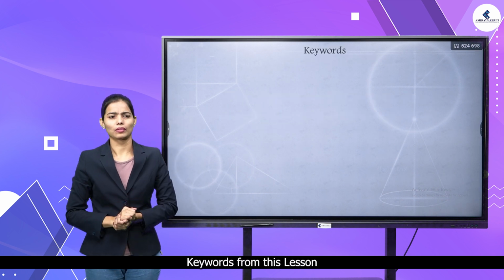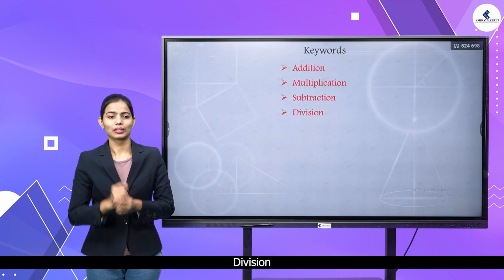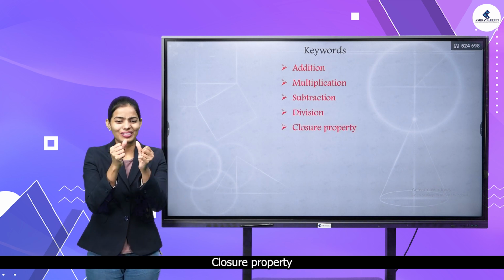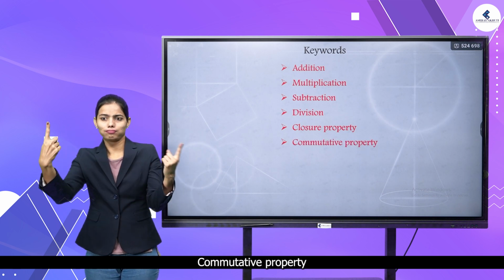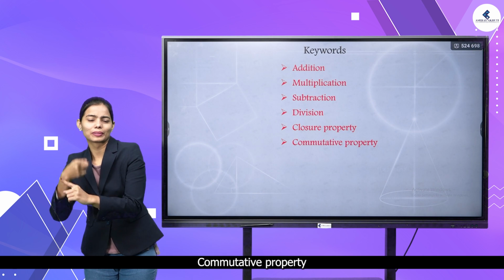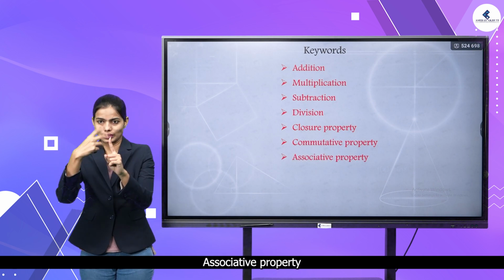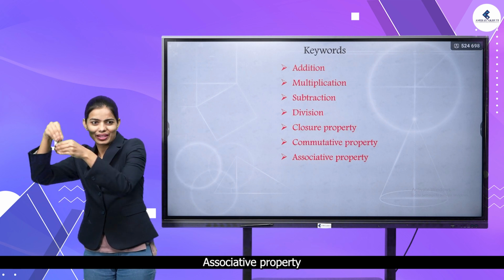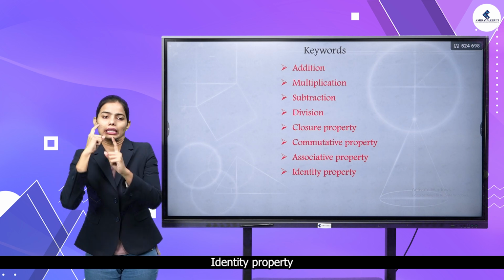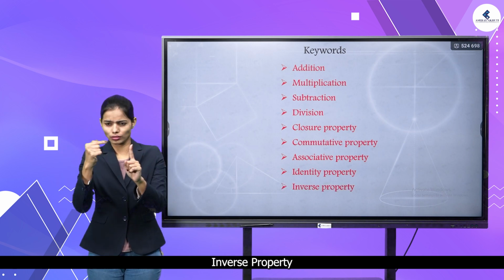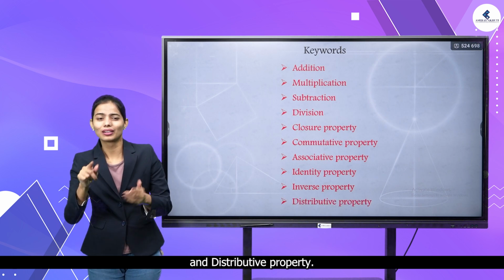Keywords from this lesson: addition, multiplication, subtraction, division, closure property, commutative property, associative property, identity property, inverse property, and distributive property.